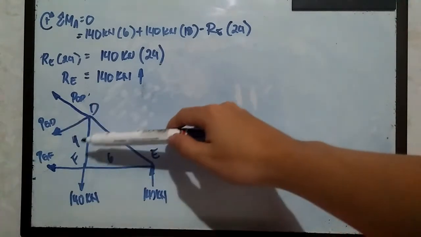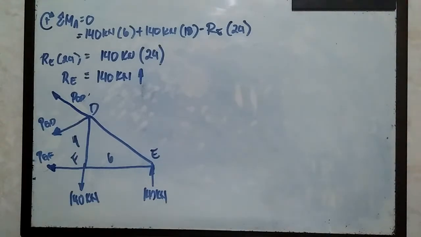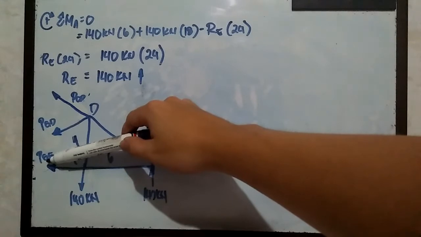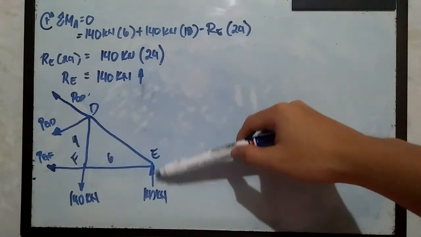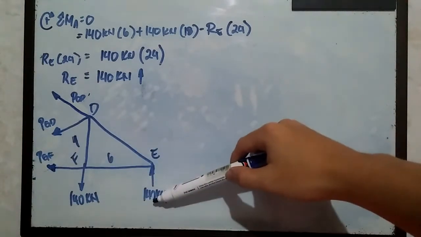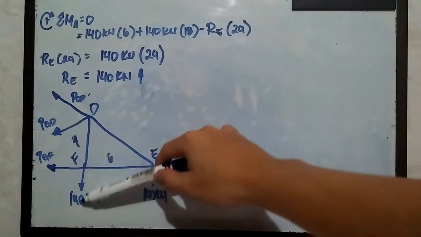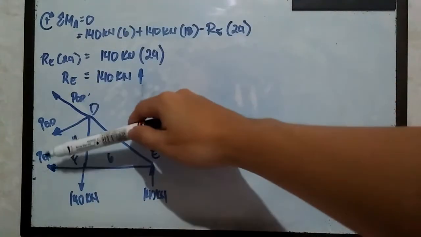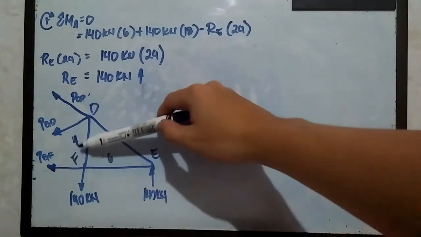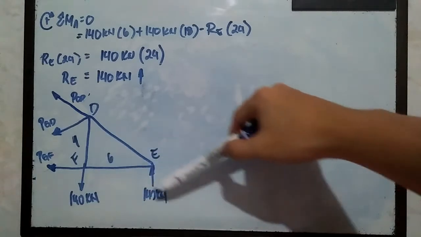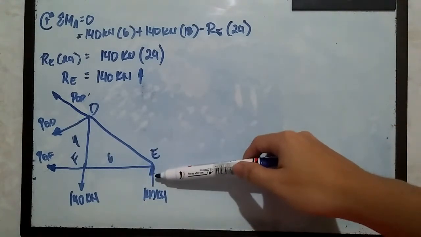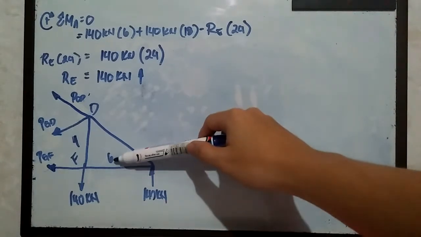The only forces that will tend to rotate the structure are P sub GF and this R sub E, which is equivalent to 140 kilonewtons, because this 140 here would just directly go down. It doesn't rotate. But GF has a perpendicular distance of 4, and this 140 kilonewtons acting at the support has a perpendicular distance equivalent to 6 meters.